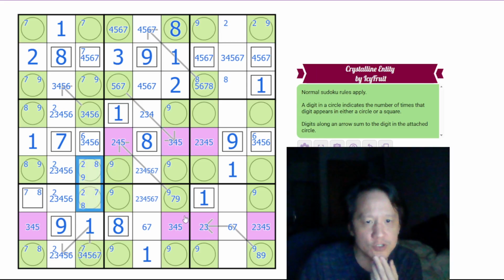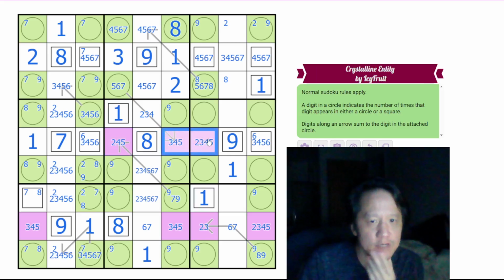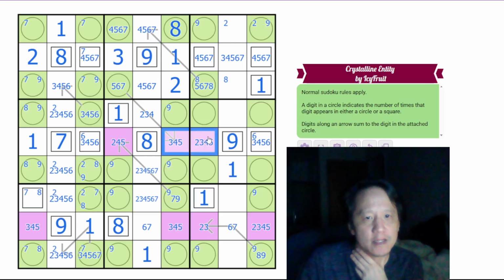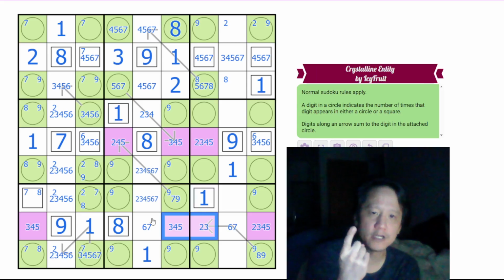2 is one of those 2. 3 must be one of these 2 digits. If it's not, that means, again, same thing. There can only be 1 3 in row 8 for columns 1, 6, 7, and 9.